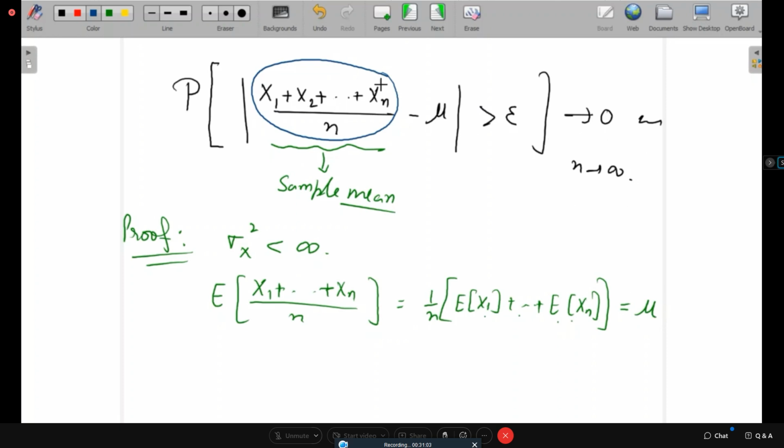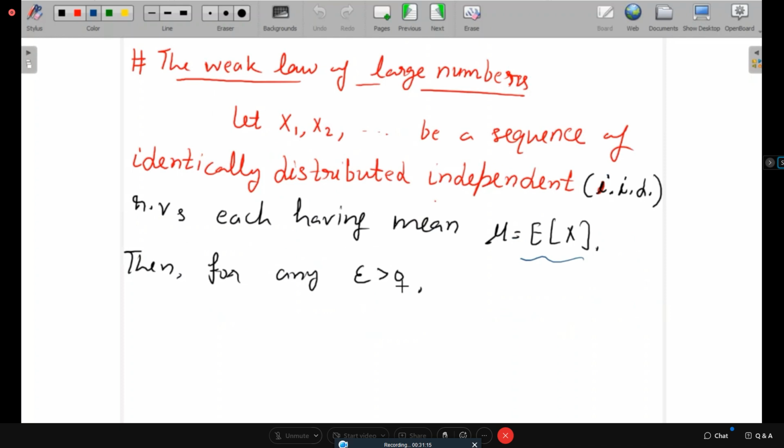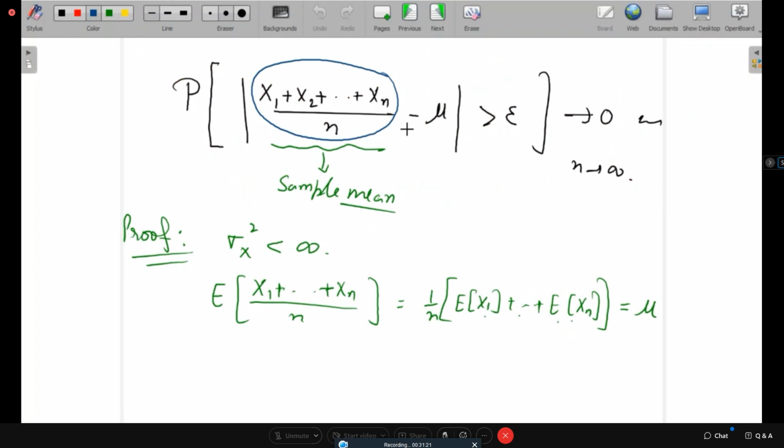So if you take as large a number of samples as possible, it converges to this mean. You can take epsilon as small or as large as possible, so the probability that the distance is less than or equal to epsilon is 1. So the sample mean will converge to the original mean.